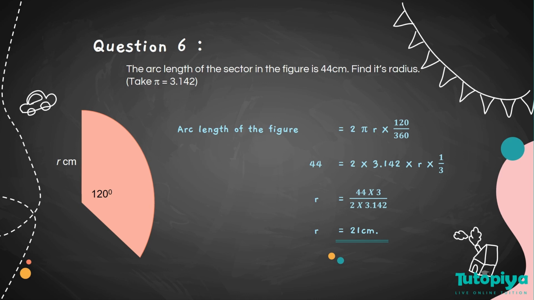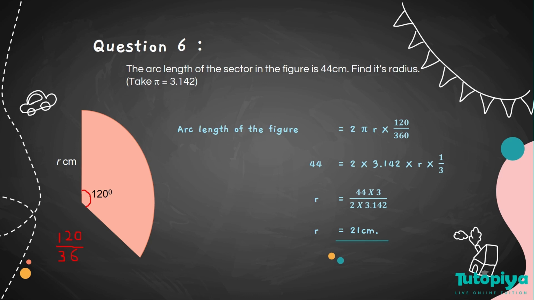They are asking you for the radius, but they have given you the arc length as 44 centimeters. All right. Now you see, this is 120 degrees here, the circle. So this is 120 degrees over 360, the part of this circle.